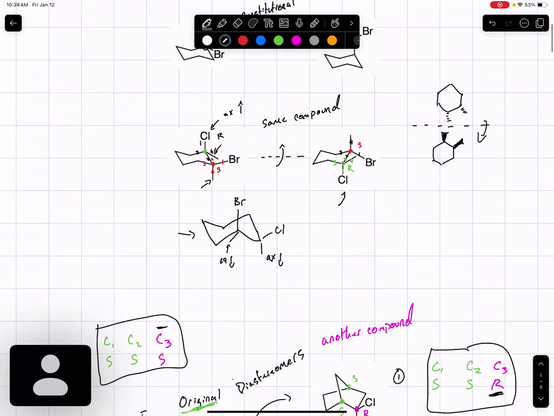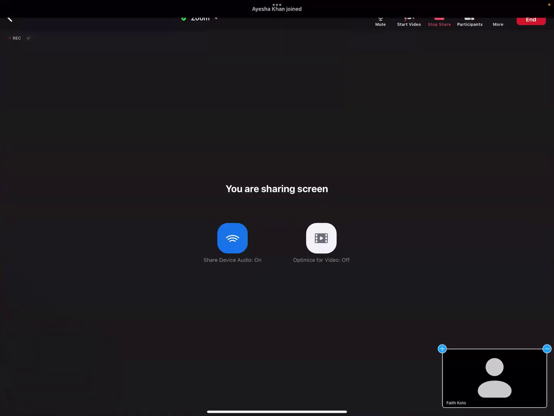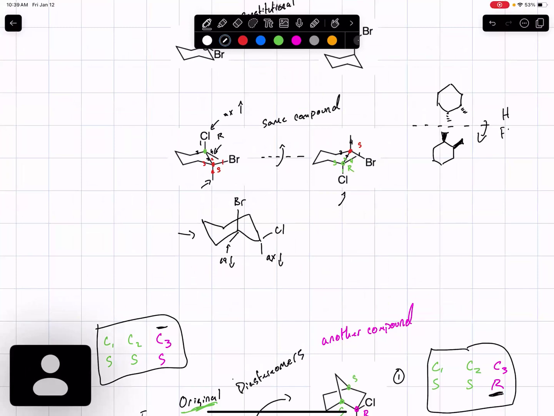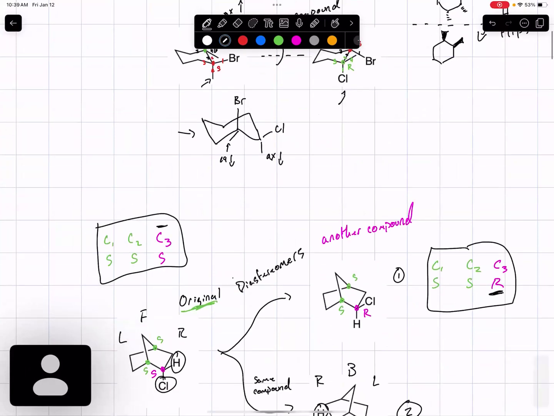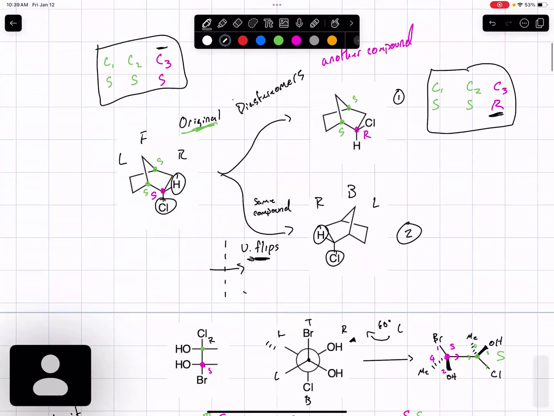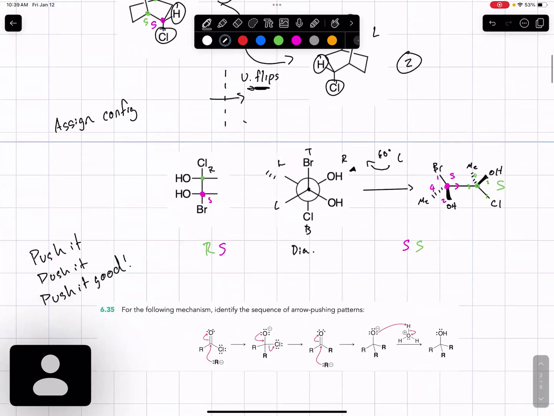The next step is looking out for horizontal flips, or in this case, vertical flips. And the last step, and this is like the foolproof method, is assigning configuration. Okay? Thank you. You're very welcome.